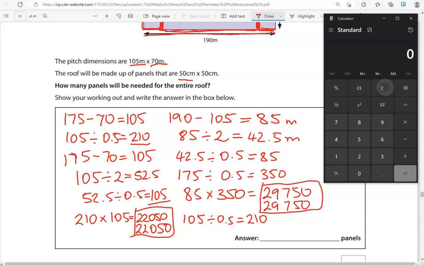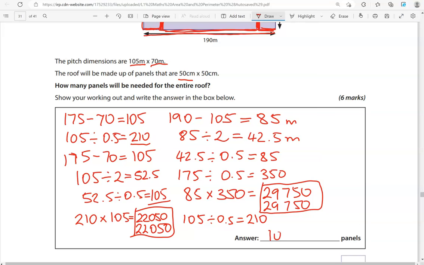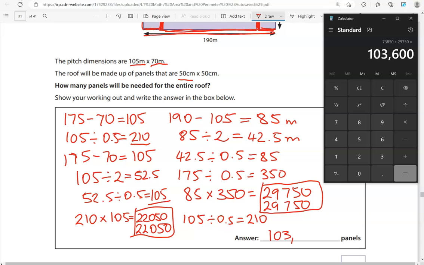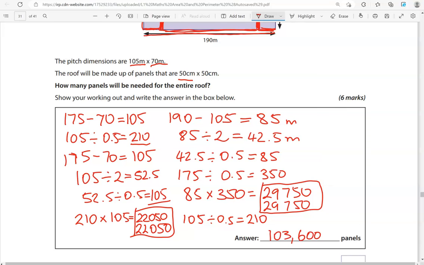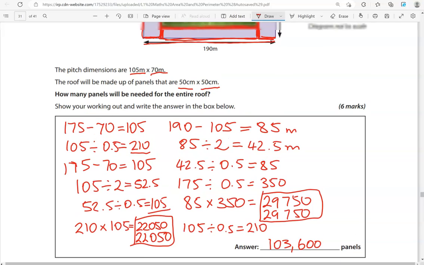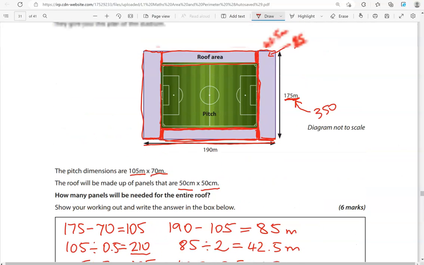So adding all of these together gives us 103,600 panels.